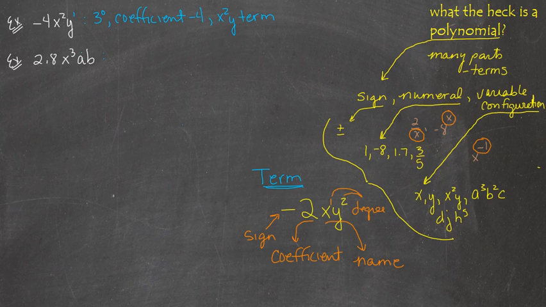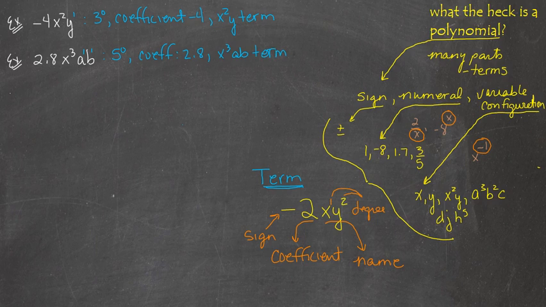So this is a 3, 4, 5, so it's a 5th degree. Coefficient 2.8. Going to abbreviate the word coefficient because it's long and I don't want to write it over and over. Coefficient 2.8, and you're welcome to do the same thing, by the way. And it's an x cubed AB term.